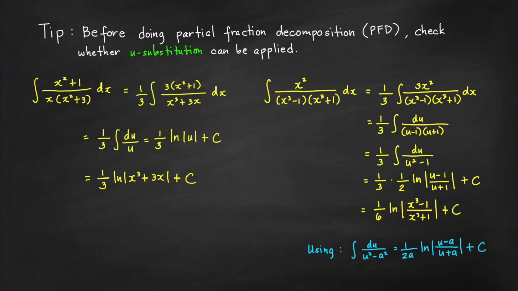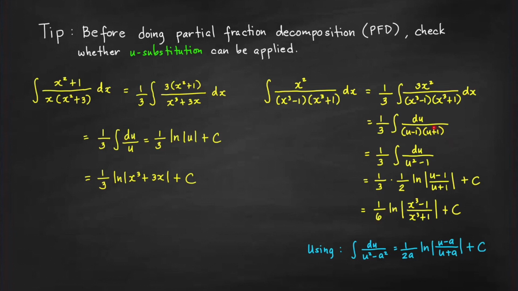So therefore, we can write this integral as 1/3 of the integral of du over u minus 1 times the quantity u plus 1, which is actually a simpler rational function in terms of u.